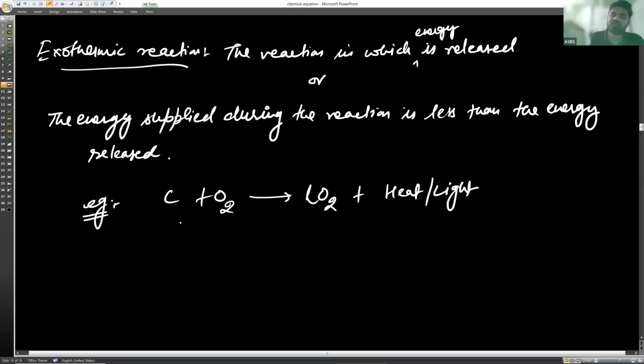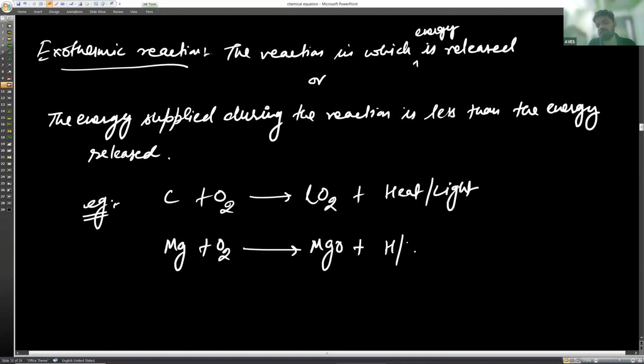Similarly, the next one is burning of magnesium: Mg plus O2 will give you MgO plus heat and light. Anything you burn simply gets converted and a large amount of heat is released.